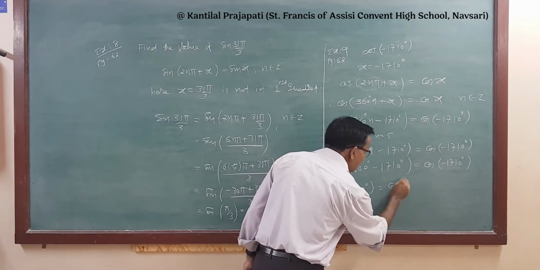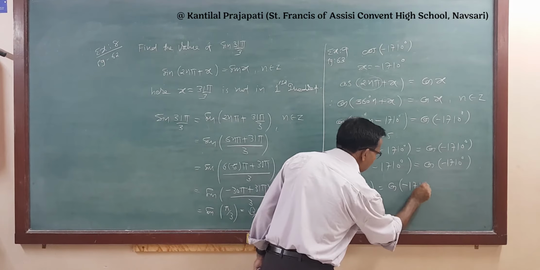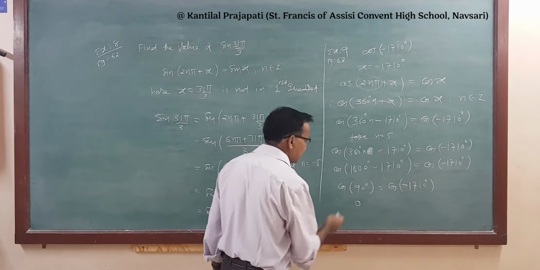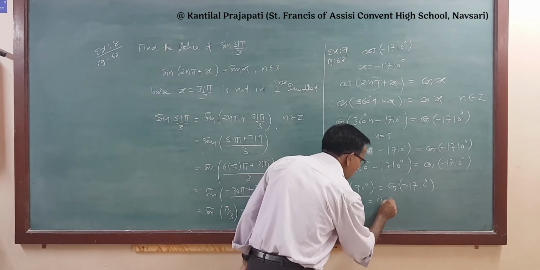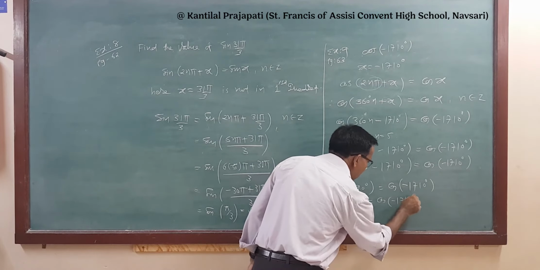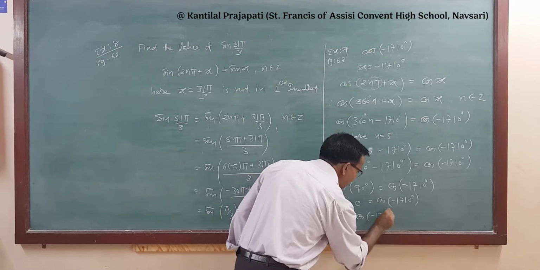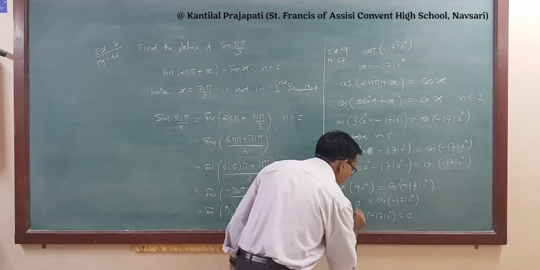So cos 90 degree, we know, is 0. So we get cos of minus 1710 degree is equal to 0. This is the final answer.